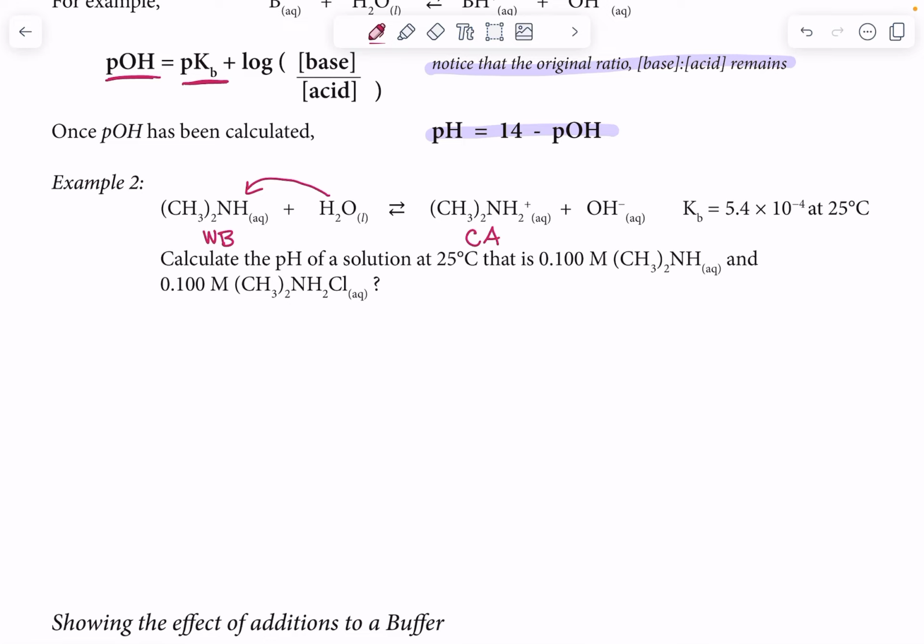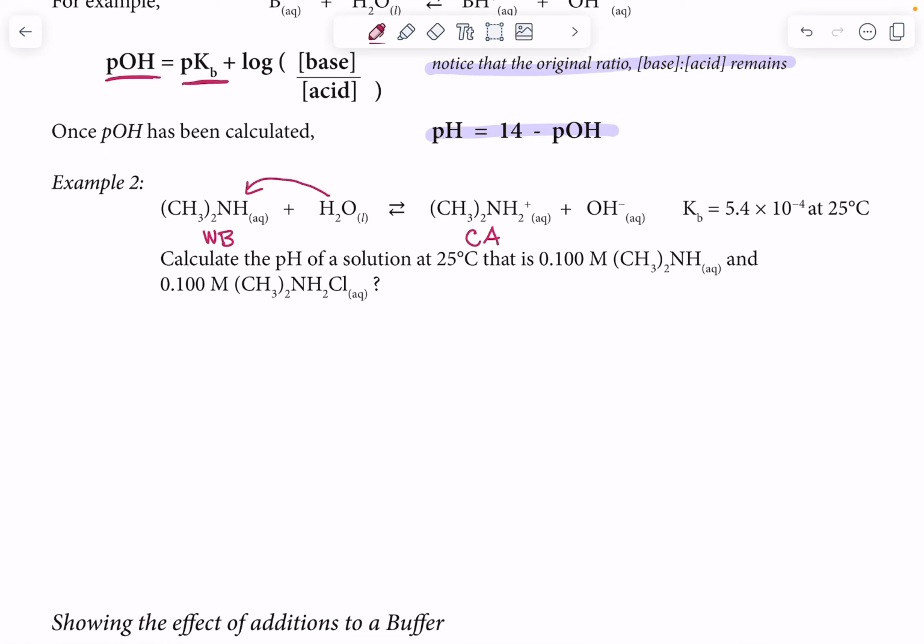Okay, so again, when we read this problem, it says calculate the pH of a solution at 25 degrees Celsius that is 0.1 molar of the (CH3)2NH compound and 0.1 molar of (CH3)2NH2Cl. Nowhere in here does it say a buffer, okay? So we don't have that clue in, but we do have a different clue.